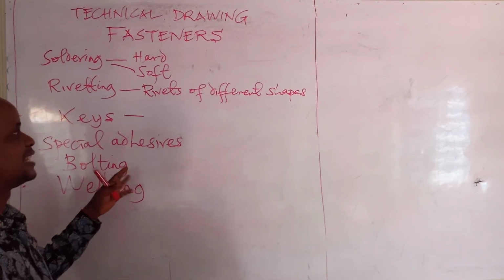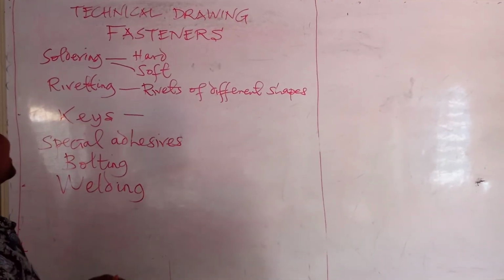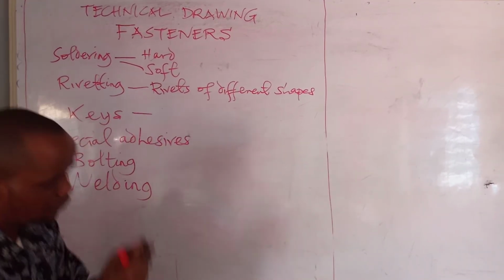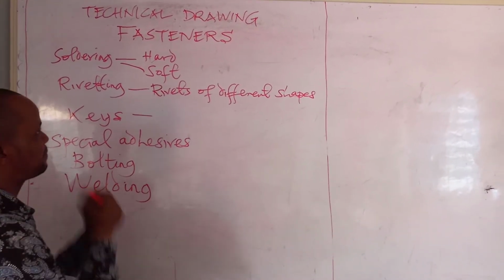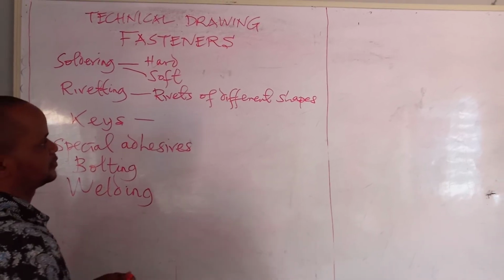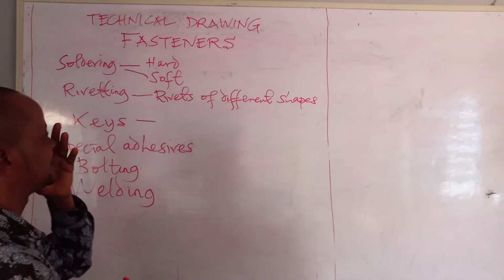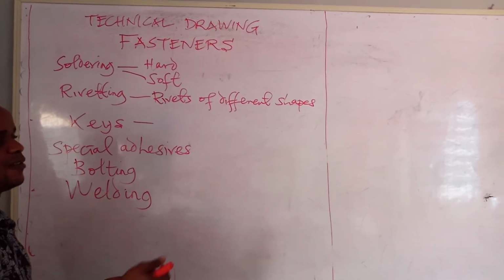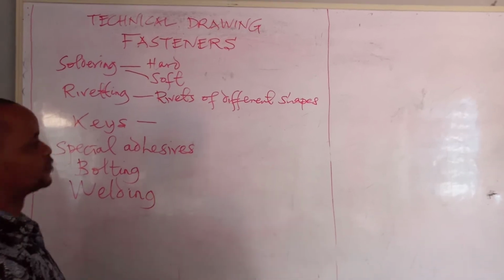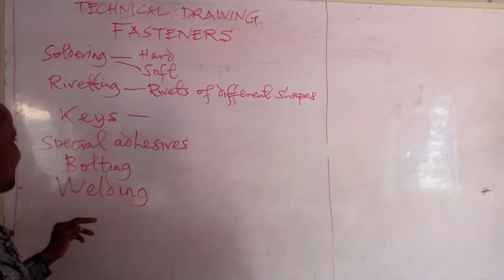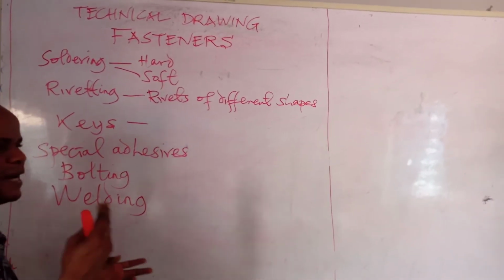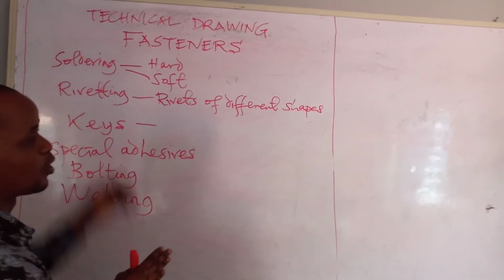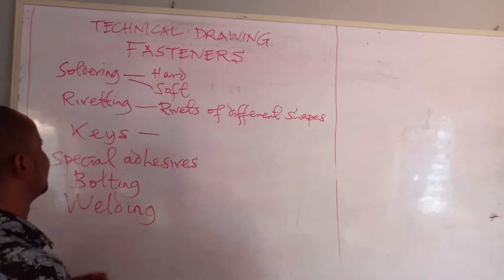I need to say that before I go further, some of the methods of fastening things together are permanent, some are temporary. Under bolting, it is not permanent. You can always unscrew and remove the bolts. But when you talk about welding, it's going to give a permanent fastening, just like soldering will also give permanent fastening.